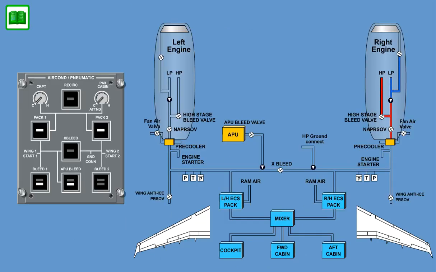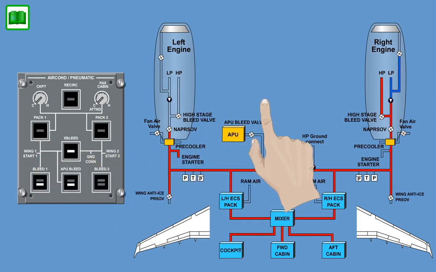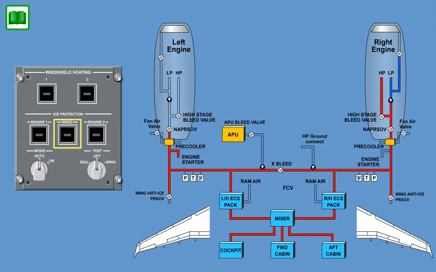The pneumatic system provides cross-bleed management, including cross-bleed engine starting capability, operation of both ECS packs, and operation of slat anti-ice systems during either single-engine or APU operation.